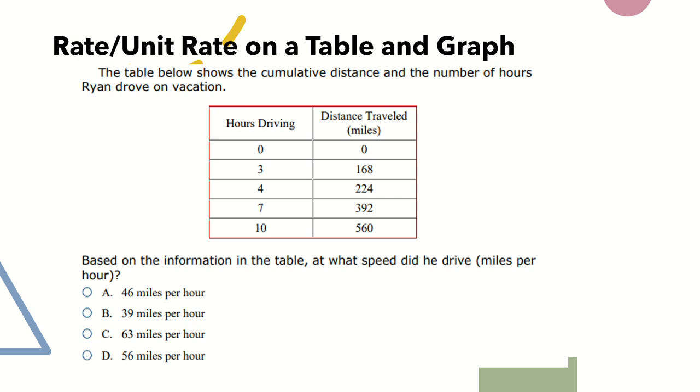So let's look at this table. Again, it does not tell me the amount for one, so I cannot do that, but I know I can use either one of these ratios to determine the amount for one. I have several different ratios right here. First, let's just write some of our equivalent ratios that are on the table.